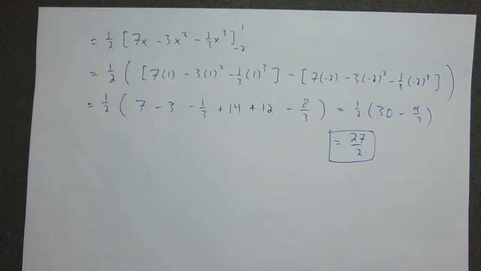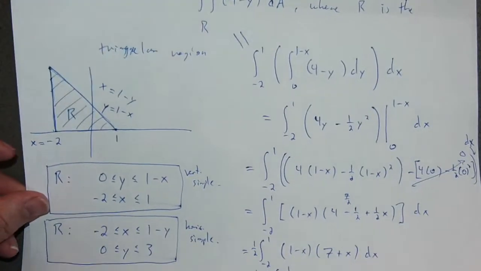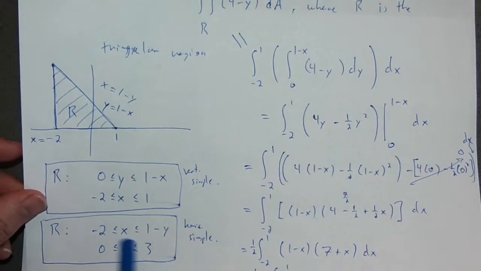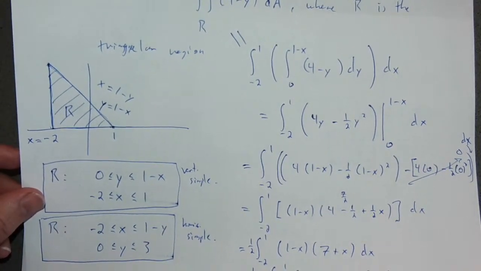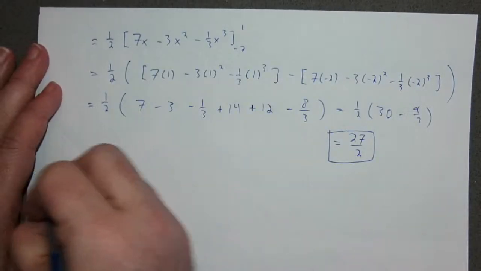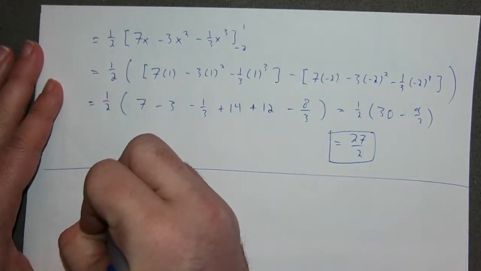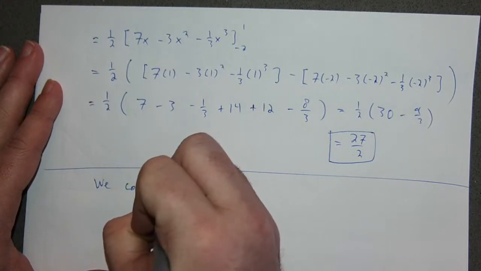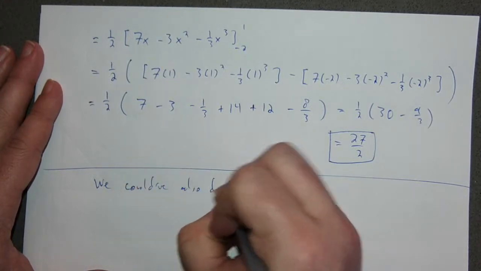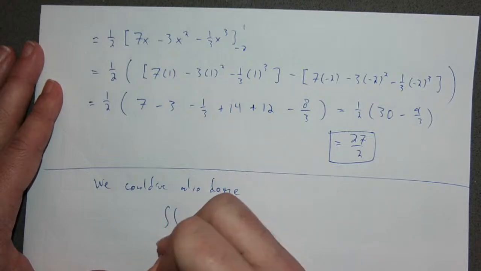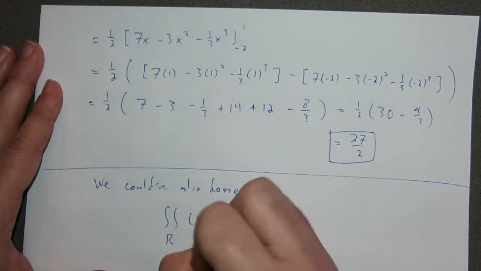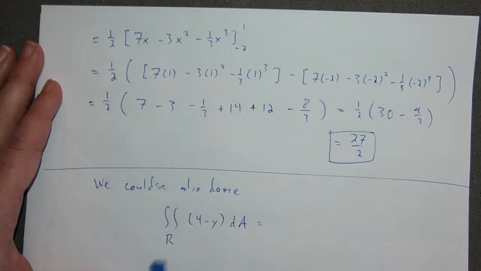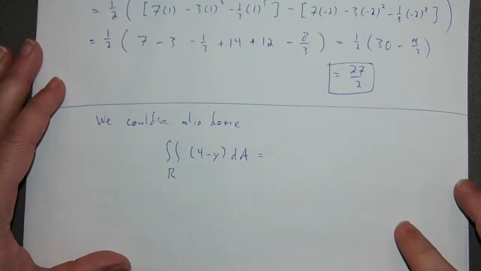All right. So, let's see, do we have time? Now, if I had wanted, I could have done this exact same computation using the other description of R as a horizontally simple region. So I'm going to set it up, but I'm not actually going to do it. So we could have also done the double integral over R of 4 minus y dA, setting that up as a horizontally simple region using this.